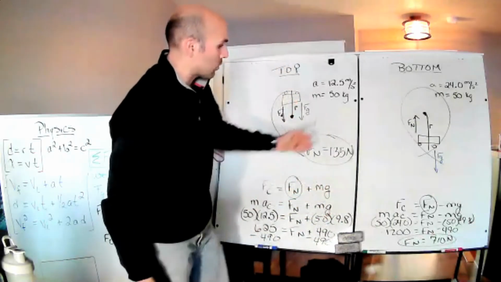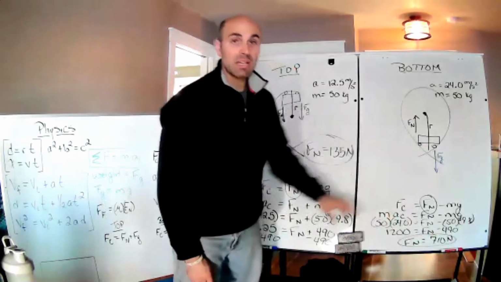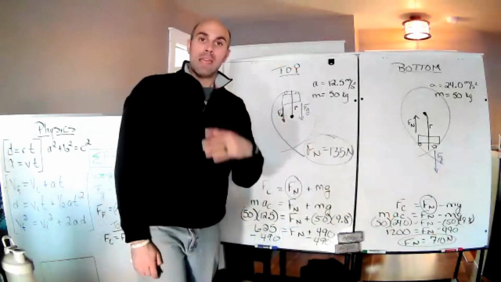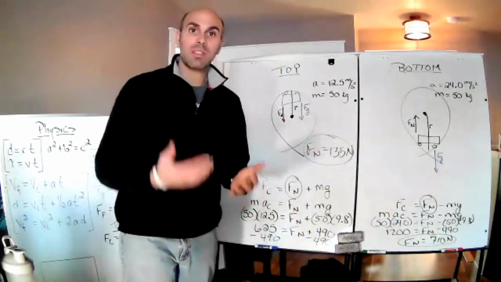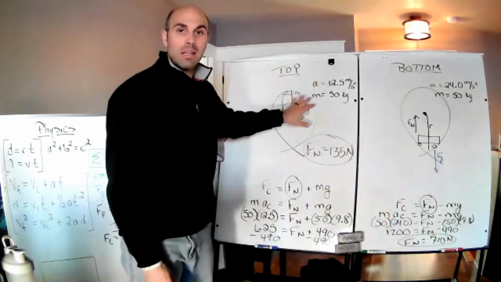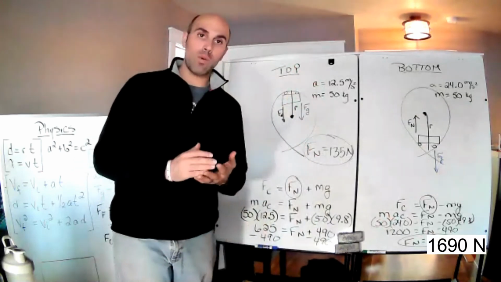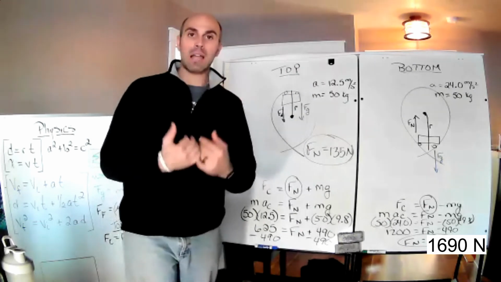I should have added 490 to both sides. So adding 490 to both sides would give us a normal force of 1690. So 1690 should be the answer. And I'm going to go ahead and put that in right now. You'll see the normal force should be 1690.